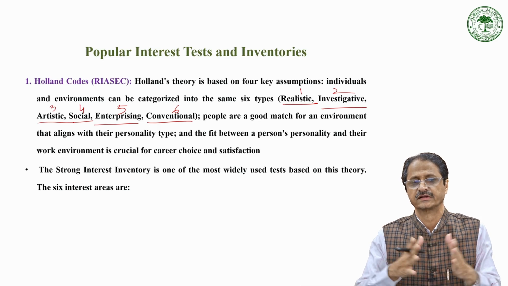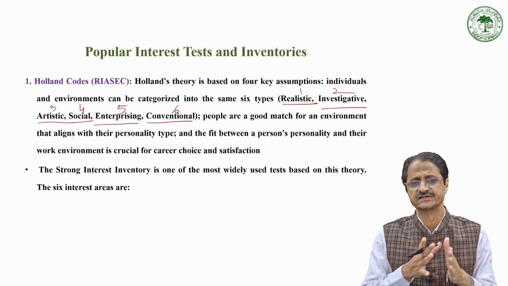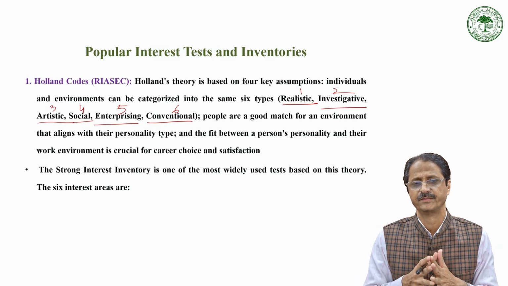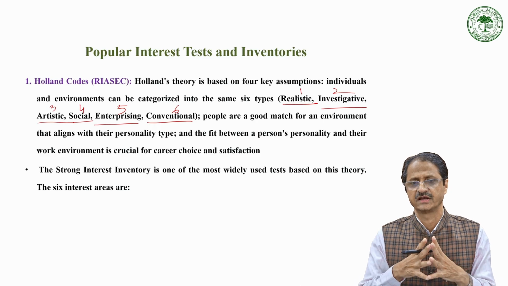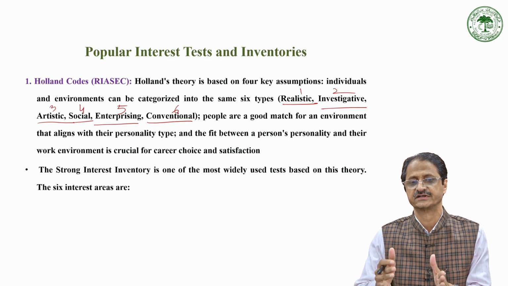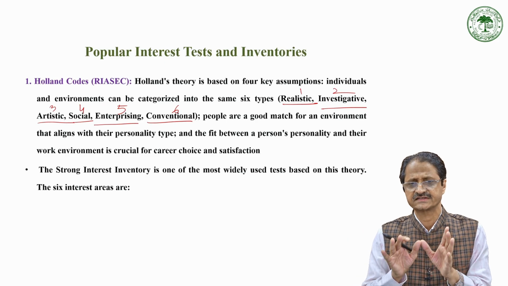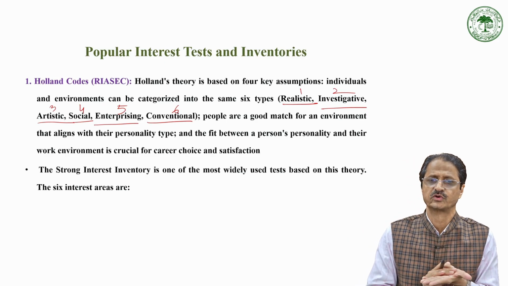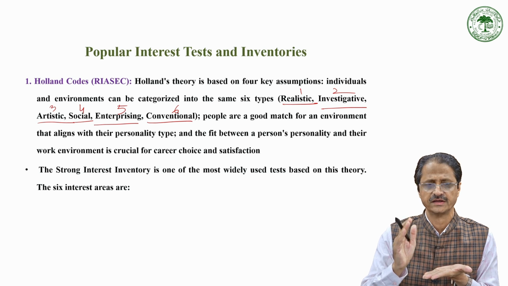There are six types of personalities, and there are six types of environments, and the best fit is considered for getting satisfaction in career choice. Selecting the choice is not going to solve the problem. Rather, getting the satisfaction is highly important.